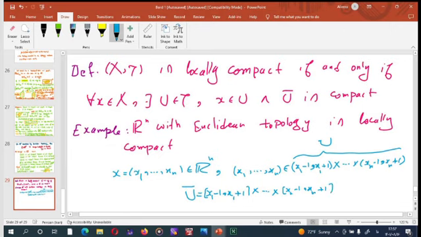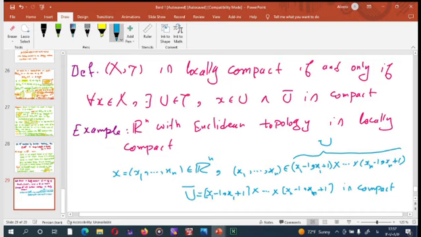Because this is a closed and bounded subset of Rn, this set is compact by the Heine-Borel theorem.